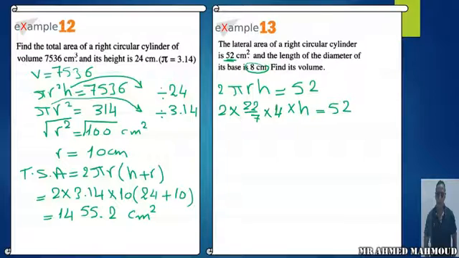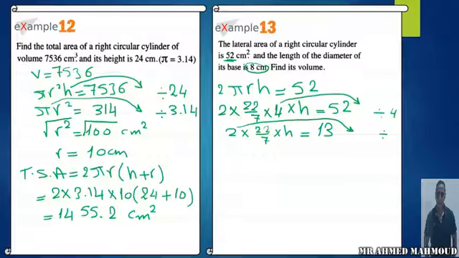First, I will send 4 to the other side, then 2 times 22 over 7 times height equals, here I'm going to divide by 4, it will be 13. The next step, I'm going to divide by 2, sending it to the other side, then 22 over 7 times h equals 6.5.